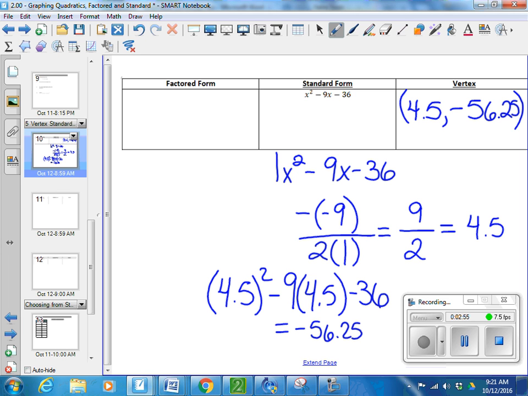All right. So to check ourselves, we're going to find the vertex using factored form. Let me clear the screen.